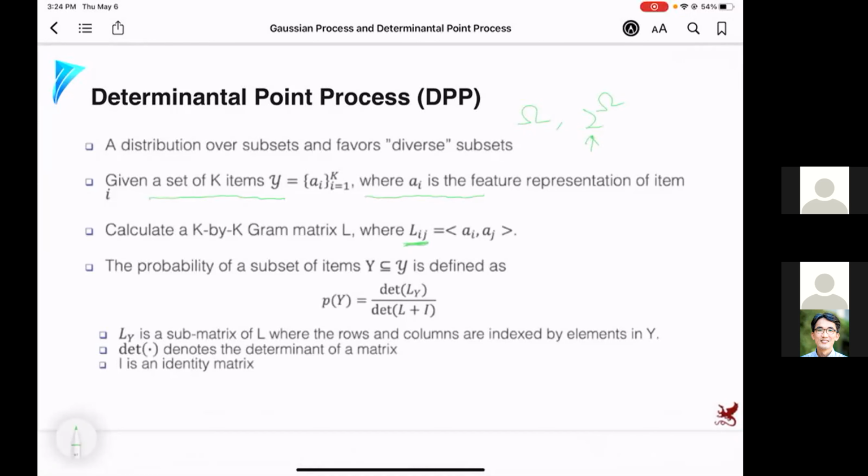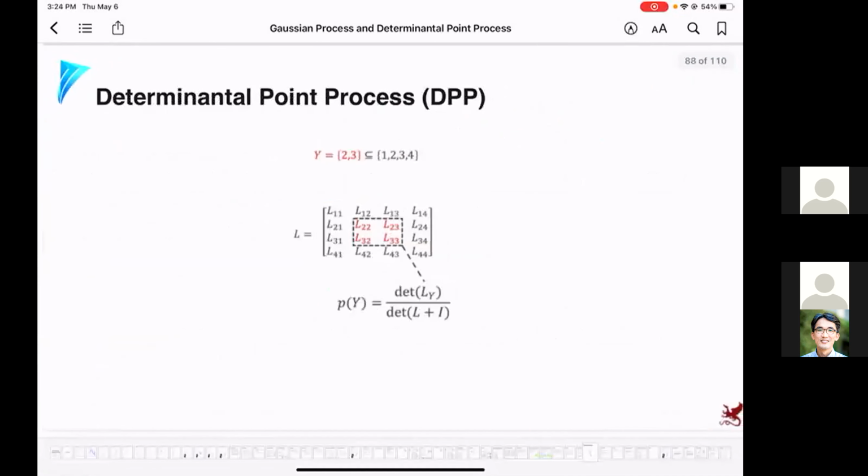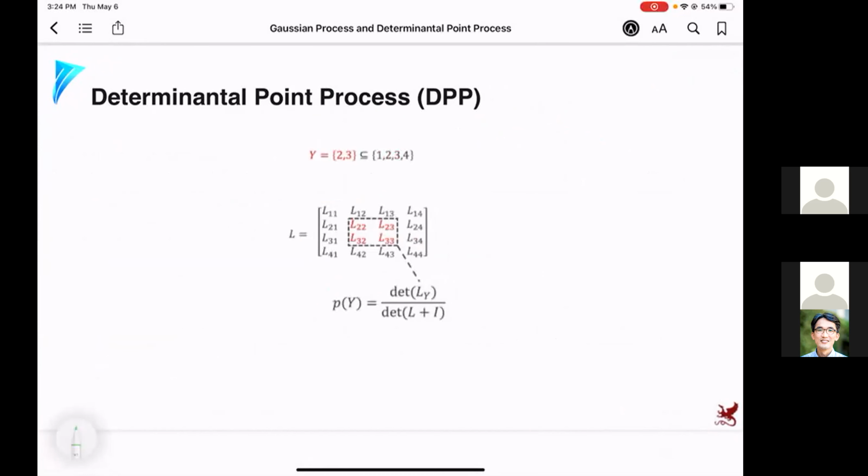Then the probability we assign to a particular subset is the determinant of that subset's submatrix of L, divided by the determinant of the whole matrix L plus I. I guess this will become much clearer with an example. In this case, the gram matrix is a 4x4 matrix, representing 4 items in our whole set. If I want to select items 2 and 3, I will select them with probability equal to the determinant of the red part divided by the determinant of L plus I.